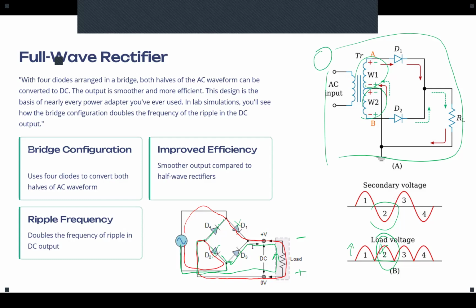Through the transformer, we convert that to magnetic energy, and then we convert it back to electrical energy. Are we good on that? So this conversion means we are isolating the electrical characteristics of the secondary side from the electrical characteristics of the primary side. That would help us.